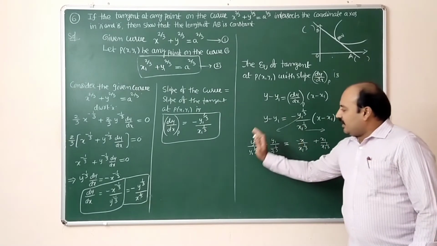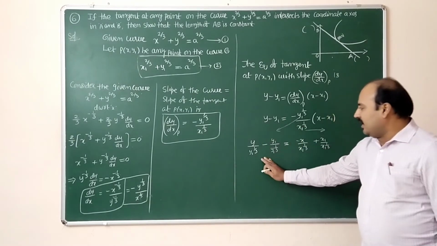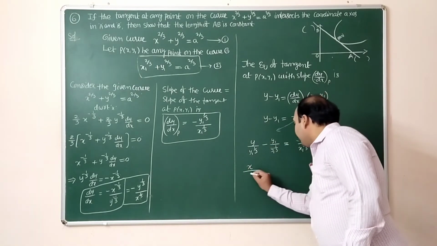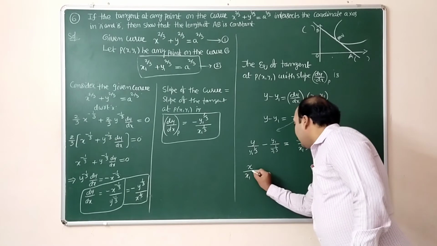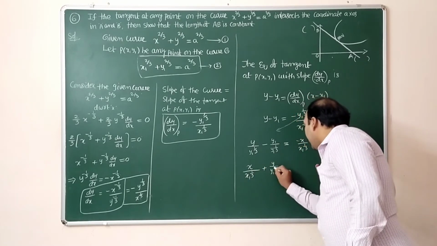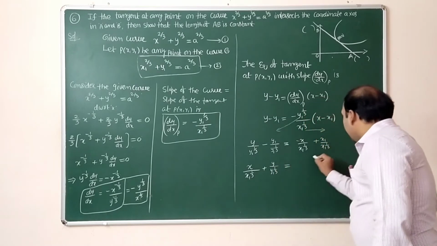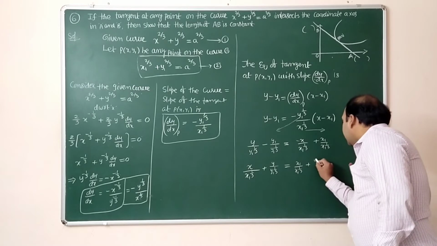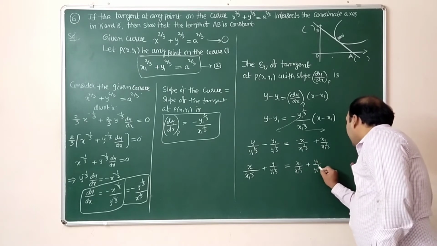Here minus value we are taking into the LHS and here minus value we are taking to the RHS. So it will become x by x1 power 1 by 3 plus y by y1 power 1 by 3 is equal to x1 by x1 power 1 by 3 plus y1 by y1 power 1 by 3.